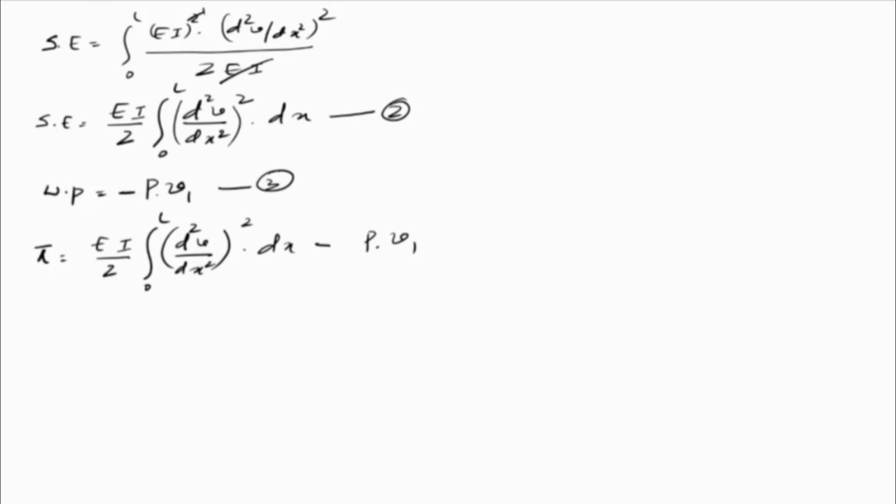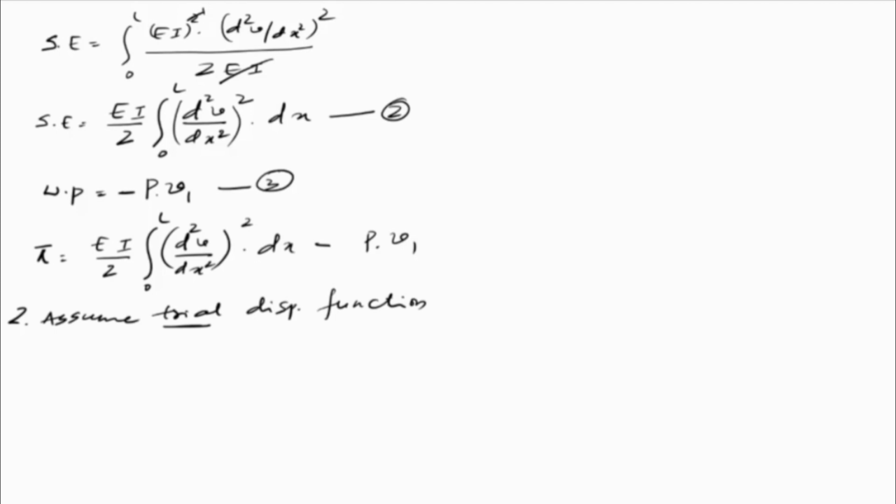Now the first step is over. I have formulated the PE function. So this is my entire PE function. Now I'll go to the second step. What is the second step? You have to assume a trial displacement function. Now, as I am using the word trial, initially I don't know whether I have to consider up to second order or third order or only first order.